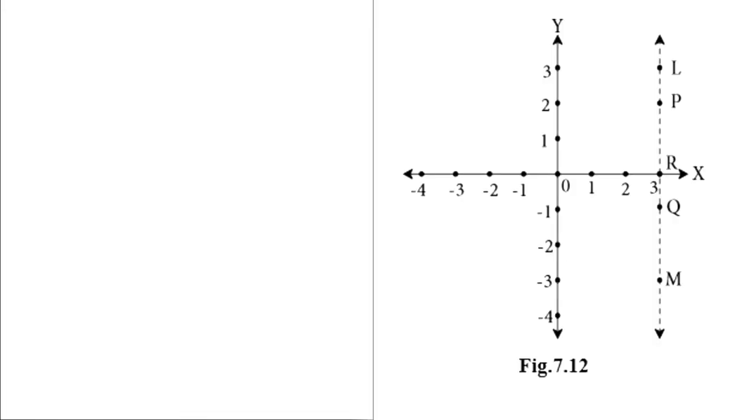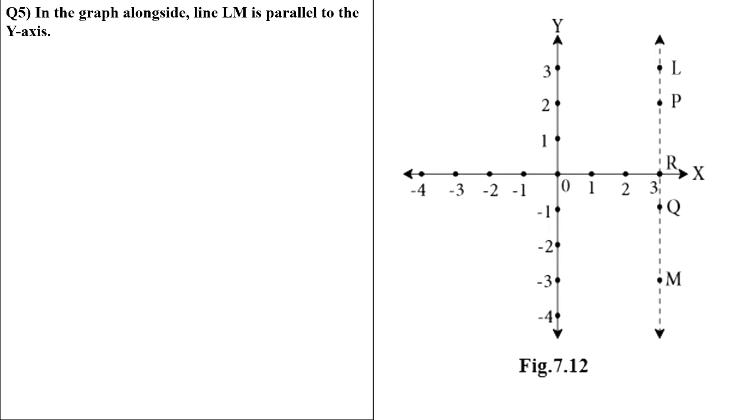Question number 5: in the graph alongside, line LM is parallel to the y-axis. If you see the picture in your textbook, figure number 7.12, one graph is given. In that graph, line LM is parallel to the y-axis. The question asked is, what is the distance of LM from the y-axis?